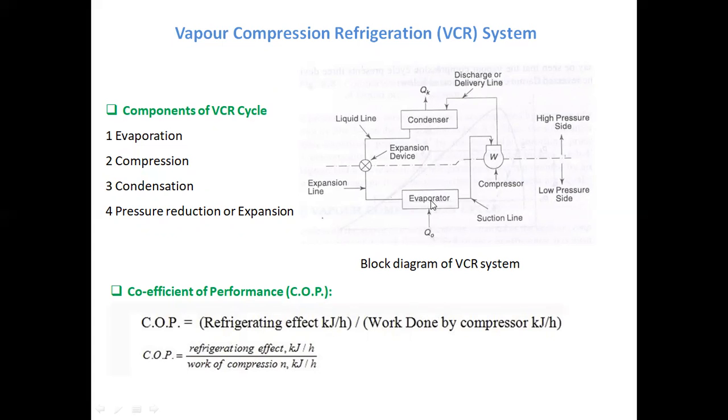So heat is removed from the medium or the object at the evaporator, and it is rejected to the surrounding or the high temperature source, the reservoir, from the condenser. Clear? But for this you need to give some work input, denoted by W, in the form of electricity to the compressor. So this is the basic working principle of the vapor compression refrigeration cycle.